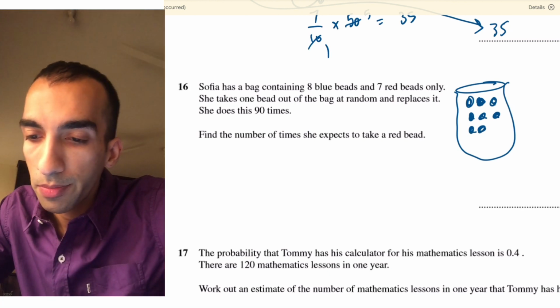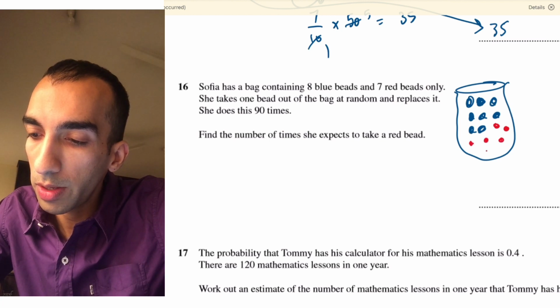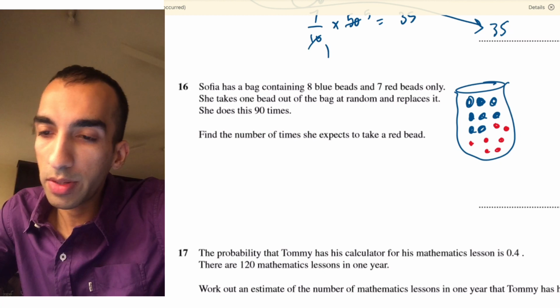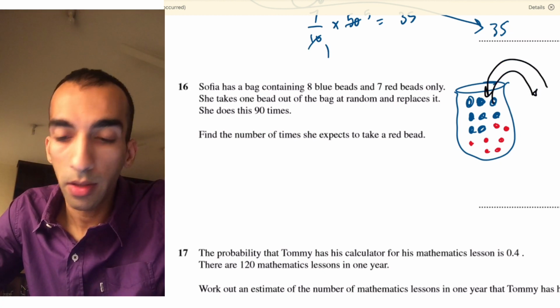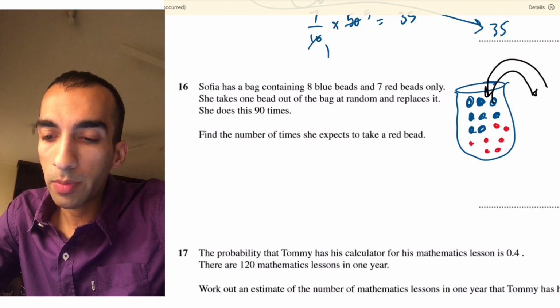And 7 red beads: 1, 2, 3, 4, 5, 6, 7. She takes out one and then she puts it back. She does this 90 times.